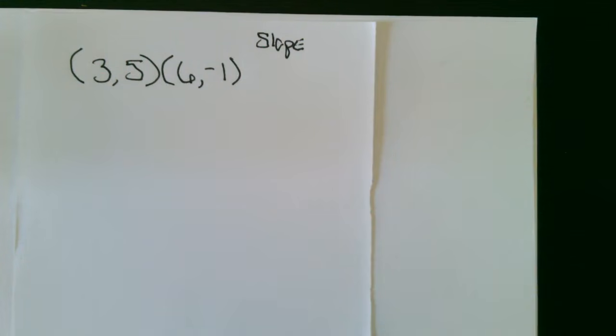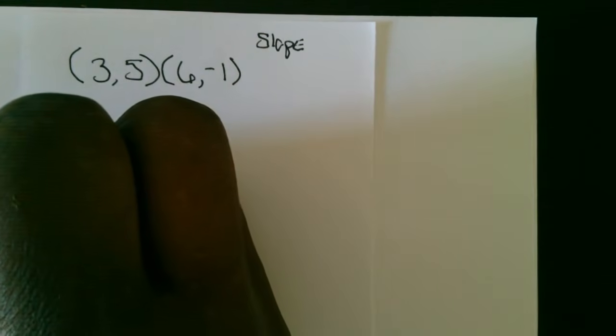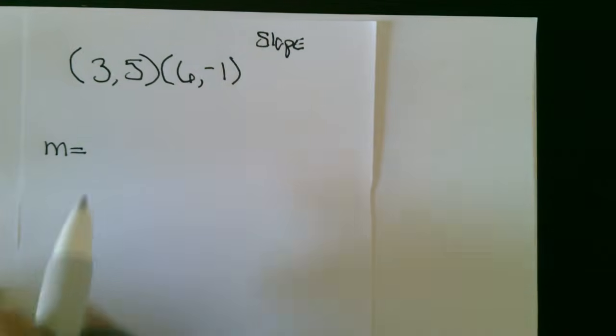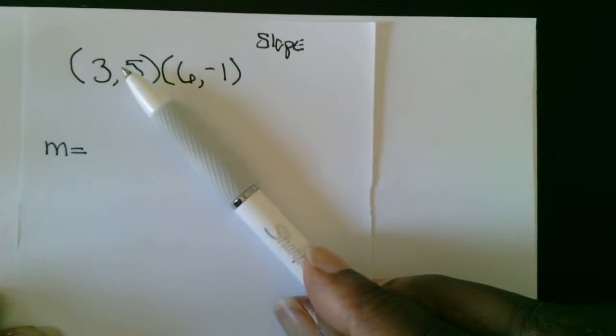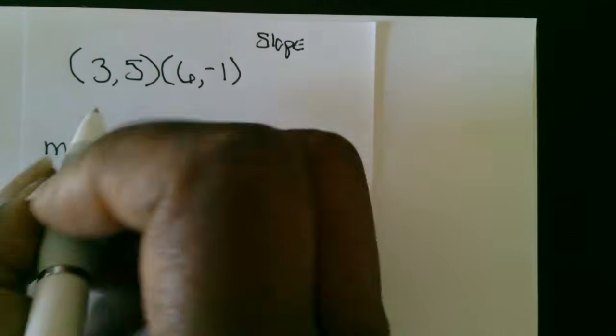Alright. So let's break down. Let's take a look. What we're doing is finding slope. Otherwise, it's really the rate of change. It's how steep your line is going to be.